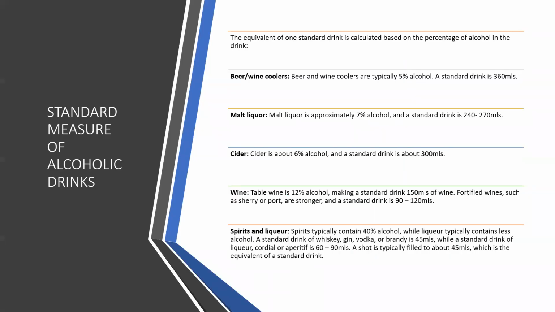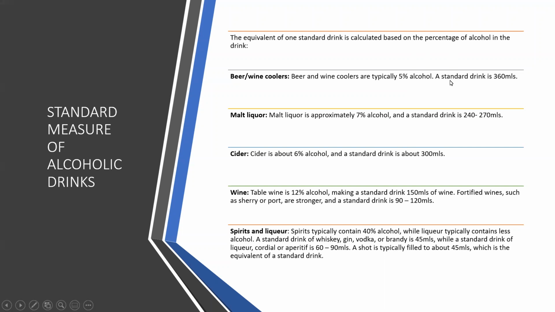Now, how to measure the standard drink: the equivalent of a standard drink is calculated based on the percentage of alcohol in the drink. What do I mean? If a patient is using beer or wine coolers, these typically have 5% alcohol, and the standard drink is 360 mils, which could be a can of a drink.